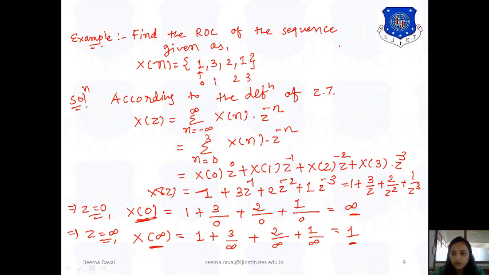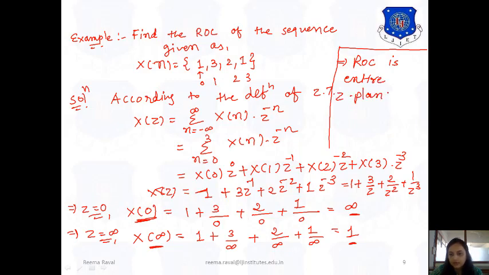So now, when we have to say what the ROC is, the answer will be: ROC is the entire z plane except z equals 0.